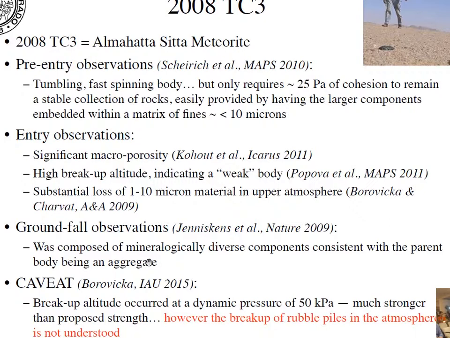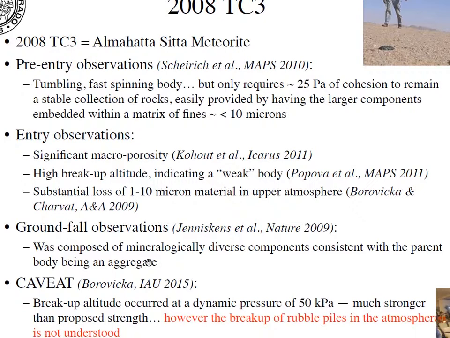Entry observations showed that it had a very large macroporosity and that it was weak, so it had a high altitude breakup, and it had a substantial loss of 1 to 10 micron material in the upper atmosphere. And then the groundfall observations showed very mineralogically diverse components of this body. The different meteorites from this body were completely different types of asteroids, indicating that the parent body was in some sense a collection or a rubble pile of different components.